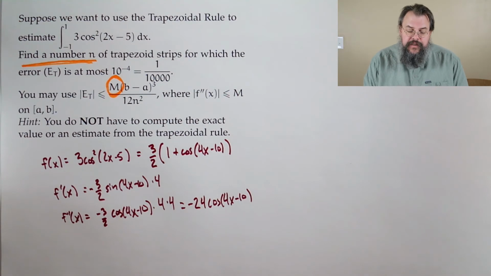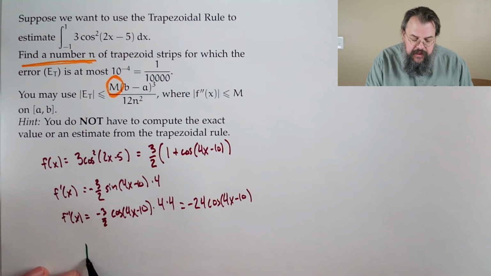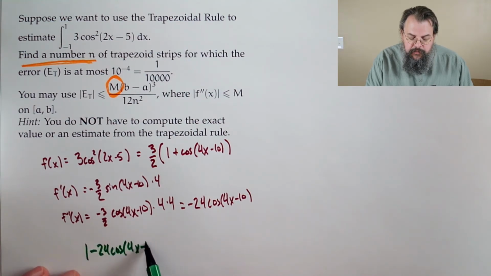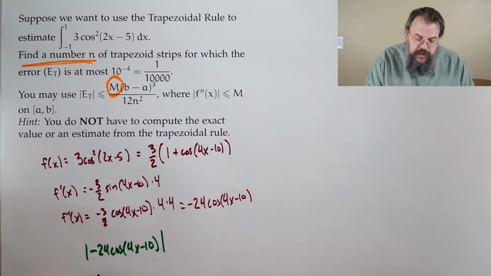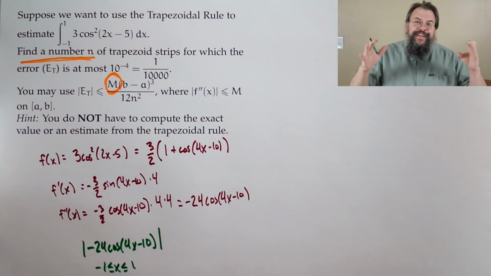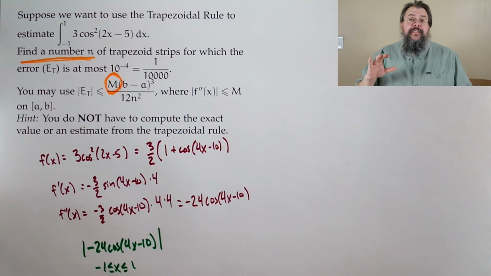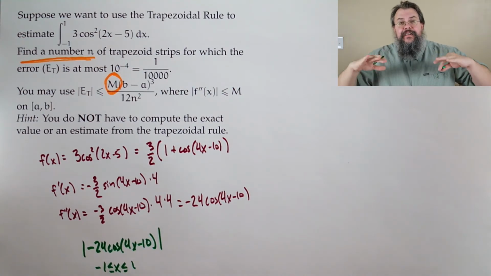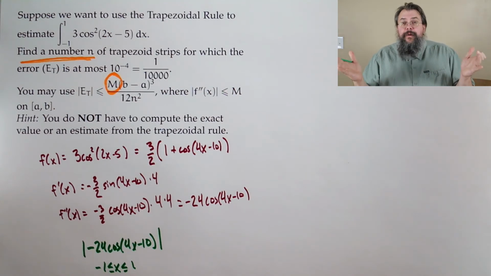And so we ask ourselves, what can we say about the magnitude of this expression, negative 24 cosine of 4x minus 10? In particular, we want to say this for negative 1 less than or equal to x less than or equal to positive 1. There is a tendency for people to say, let me just look at the endpoints. But that's dangerous because it's not guaranteed that the largest or smallest values are obtained at endpoints. But let's just think about what we have.